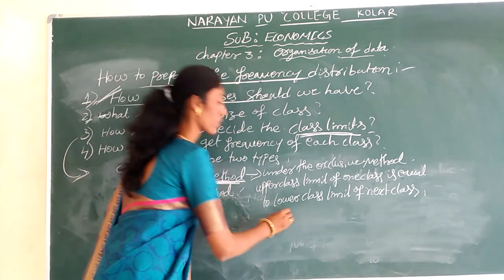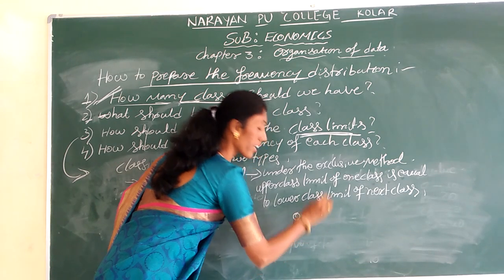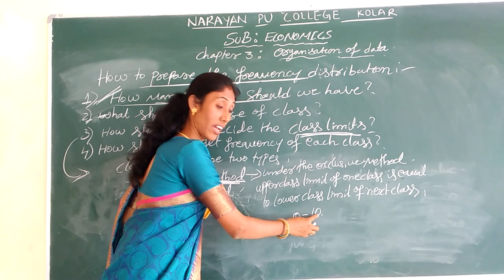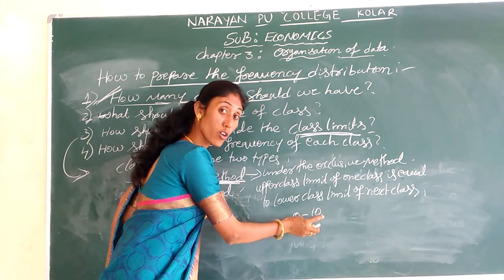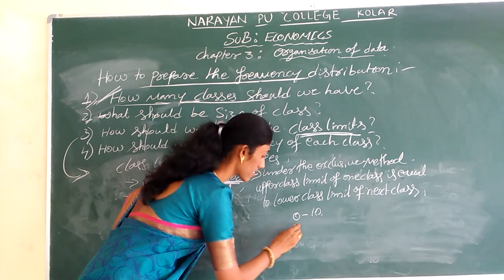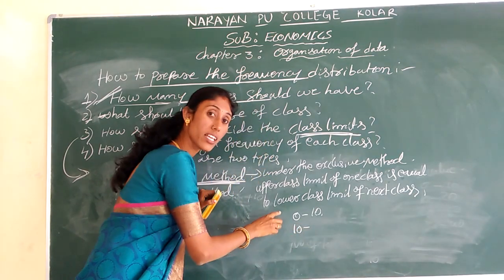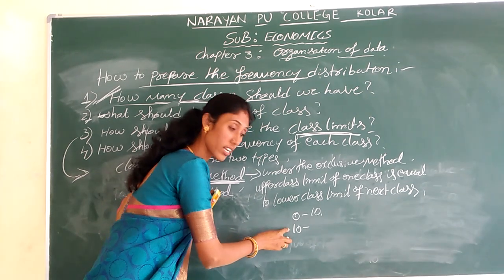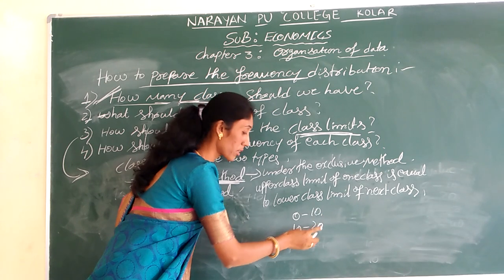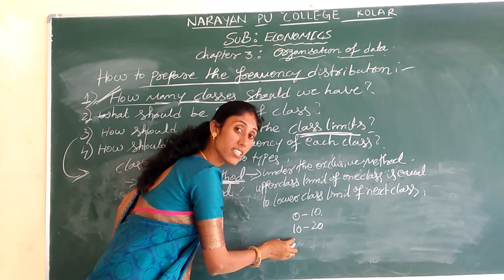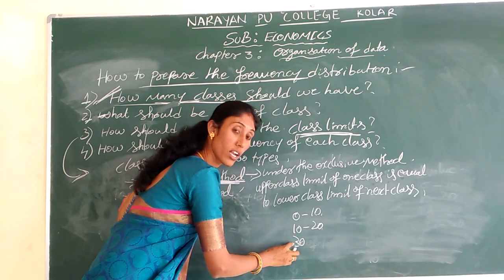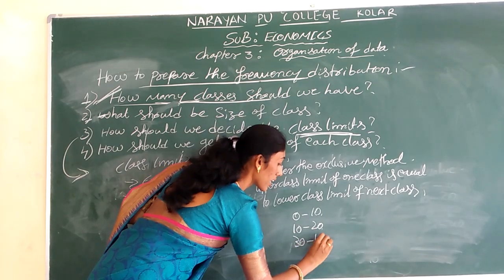For example, 0 to 10. Here the lower class limit is 0, the upper class limit is 10. And here the upper class limit of one class will move to the lower class limit of the next class. By adding the class interval to this lower limit, we will get the upper limit. Again, this upper limit will be moved as the next class lower limit, and adding the class interval, we will get the upper class limit.